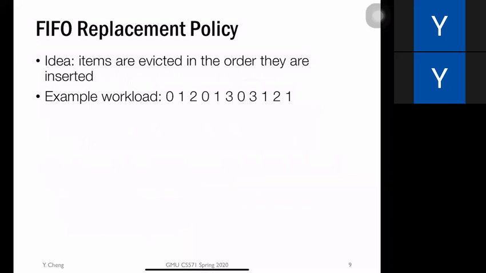Where each integer corresponds to a memory access to some logical address within the virtual memory. So here, assuming everything is about logical or virtual addresses, okay? Starting with 0, moving on to the next one, 1, 2, 0, 1, 3, 0, 3, 1, 2, 1, something like that, and so on, okay?